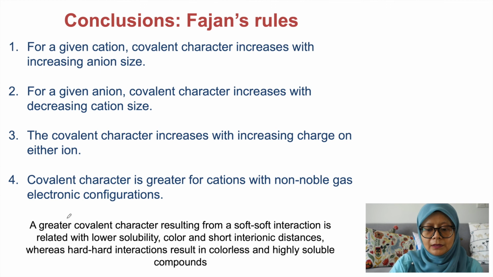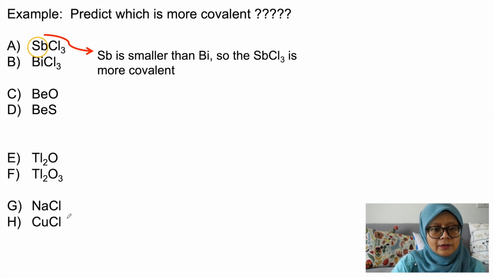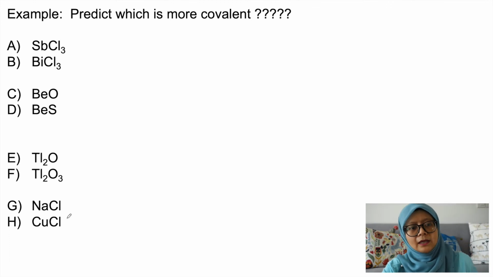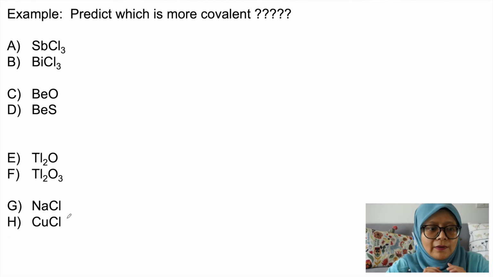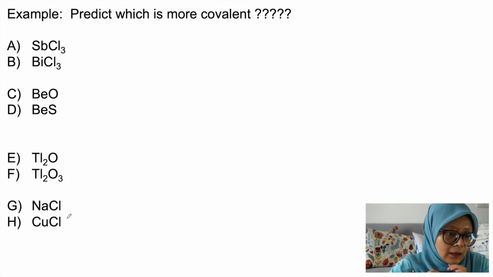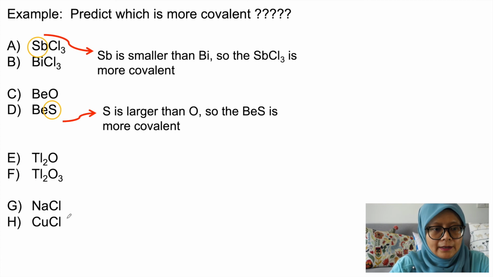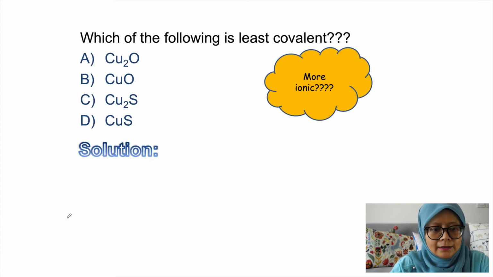And so as usual, we have examples. Predict which is more covalent. I have a few examples, so we will discuss these during our virtual class tomorrow. And last but not least, I have a question here.